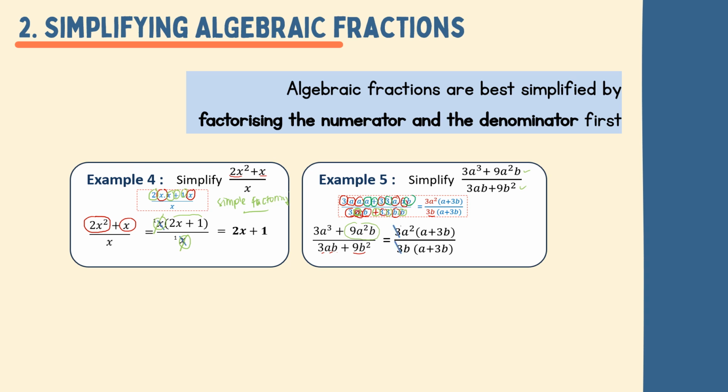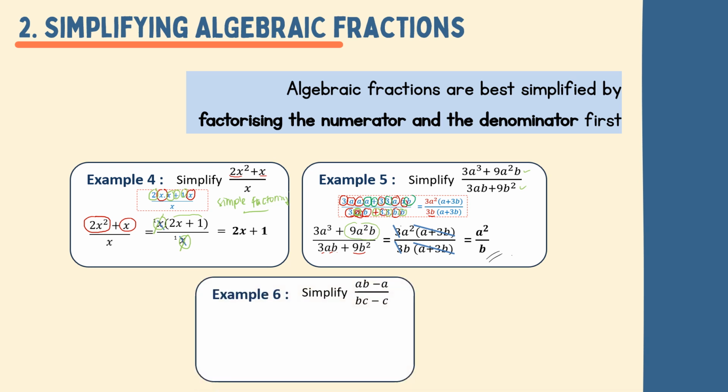We can simply divide. 3 divided by 3 is 1, and a plus 3b divided by a plus 3b is 1 also, and it equals a squared over b. This is how you simplify this kind of algebraic fraction.